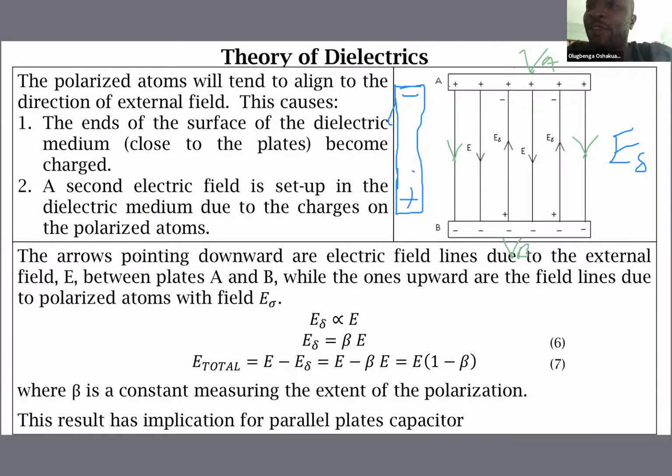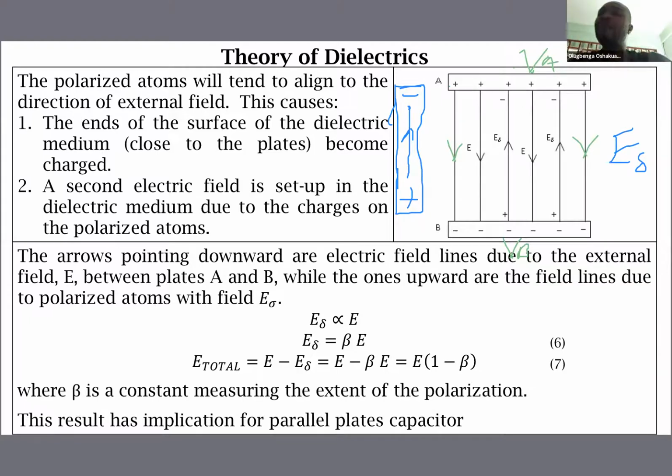within the material we will also have an electric field pointing in its own direction from positive to negative, because we have a system of positive and negative charges now within that blue material. Then the direction of force will still point from the positive to the negative, and that means that the direction of its electric field will point in opposite direction of the electric field created by the conducting parallel plates.